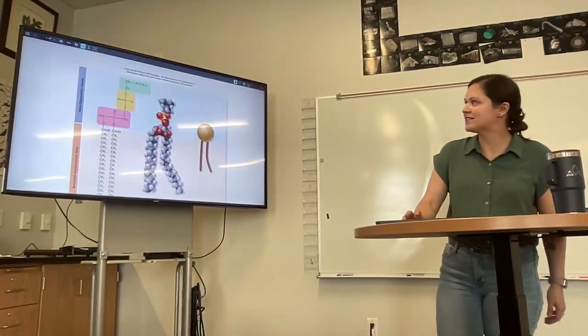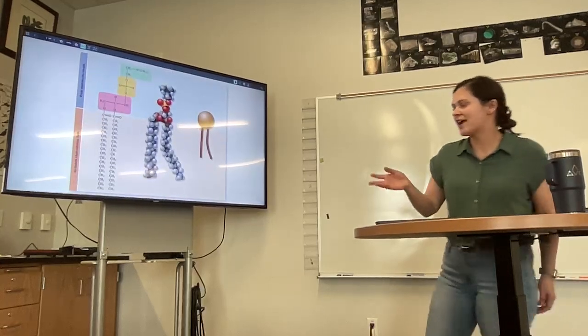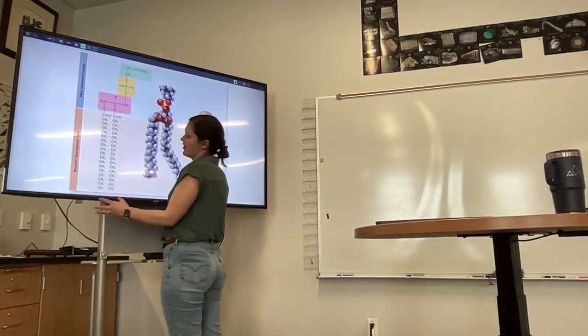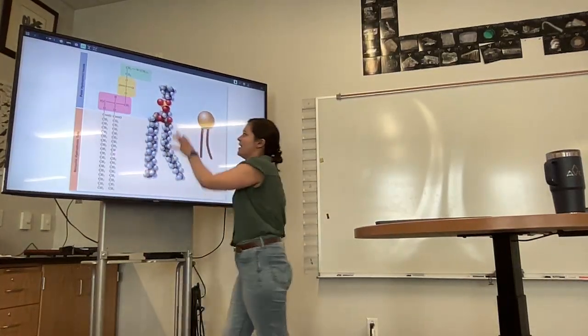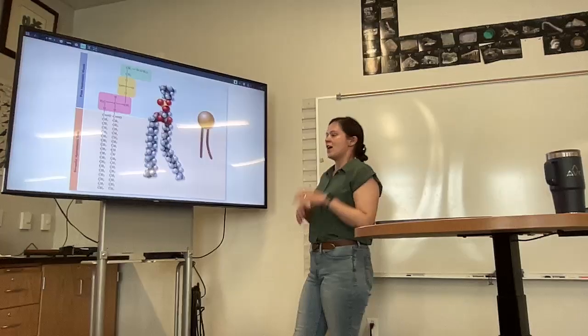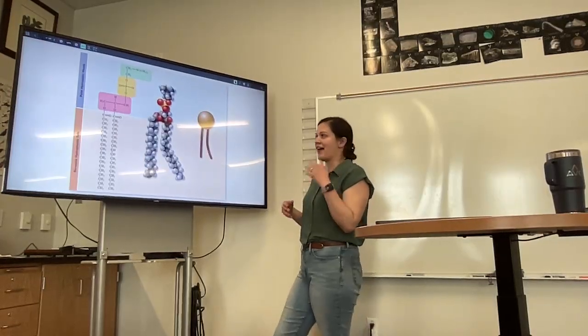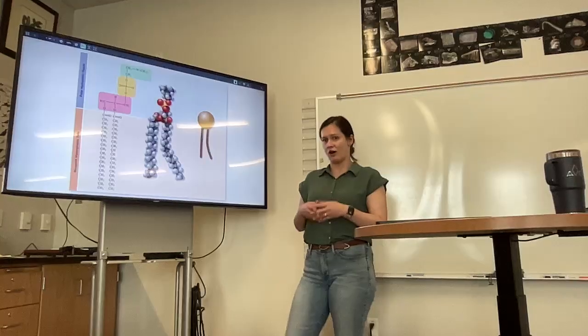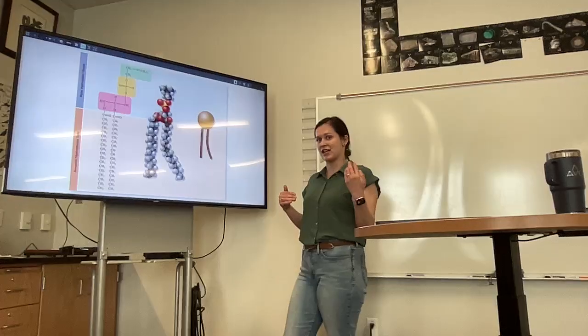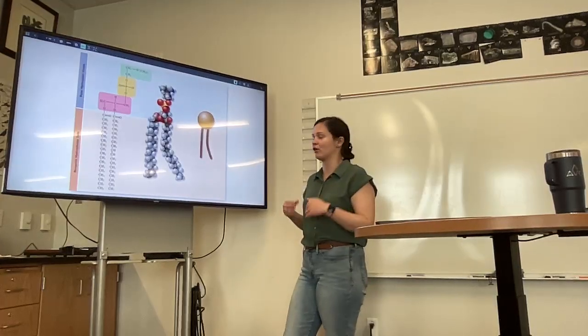Okay, this is what a phospholipid looks like. It has 3 different diagrams. One is just the structure of the molecule, here's what it looks like in 3D, and then here's another model for it as well. This slide is to remind you that this is an amphipathic molecule, meaning that it has both a polar region and a nonpolar region within the same molecule.